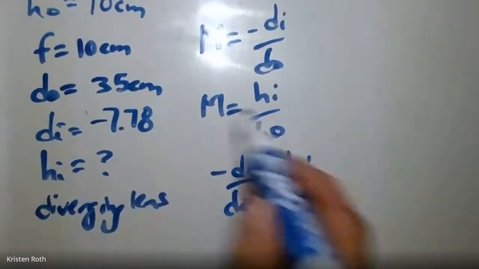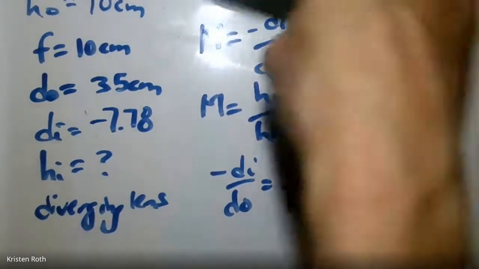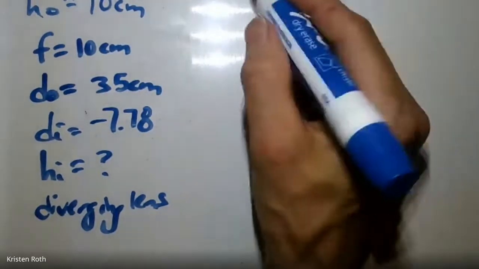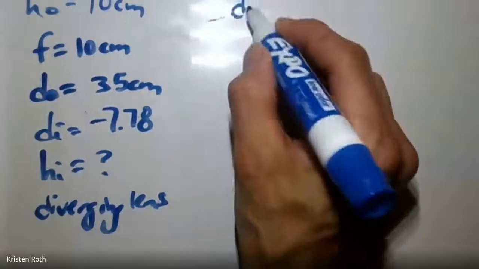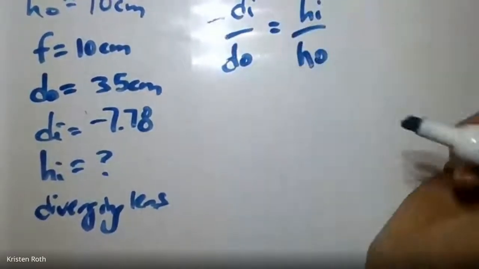So we can use that as our new equation. I'm going to reset. Negative di over do equals hi over ho.